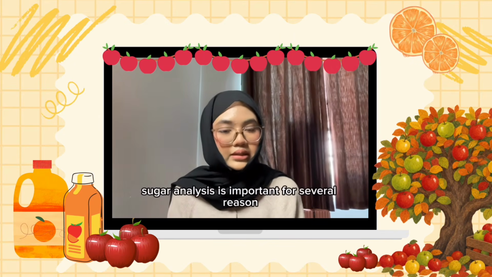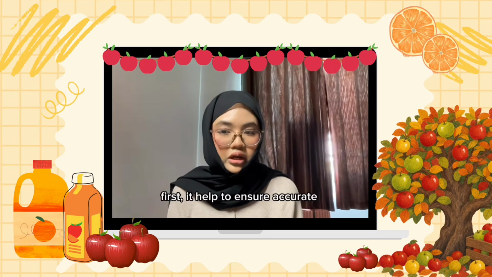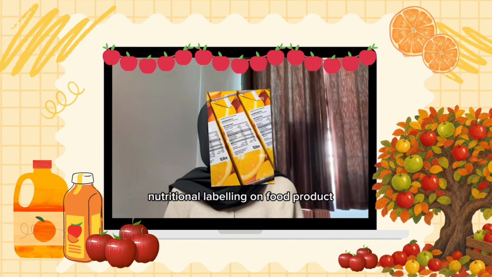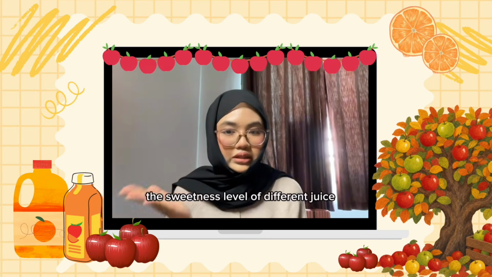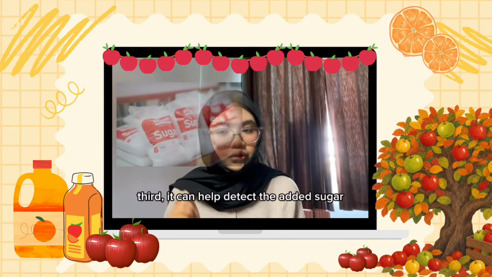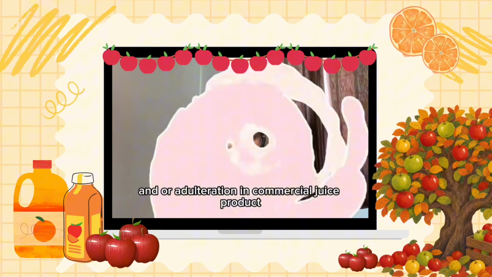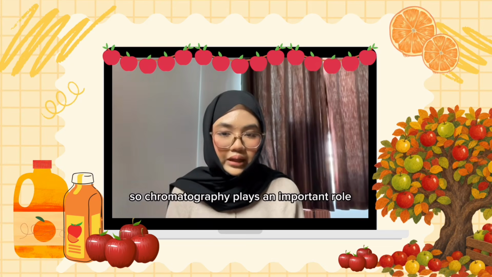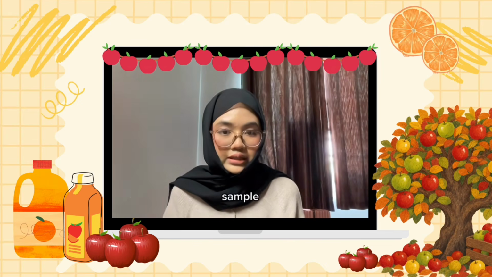Sugar analysis is important for several reasons. First, it helps to ensure accurate nutritional labeling on food products, and second, it allows us to compare the sweetness level of different juices. Third, it can help detect added sugar and adulteration in commercial juice products. So chromatography plays an important role in this analysis. It separates the individual sugars present in the juice sample.